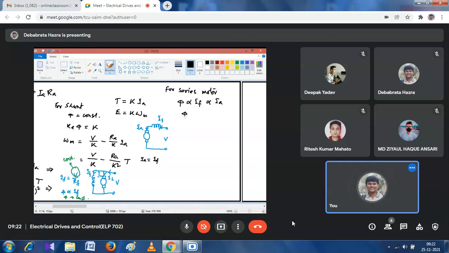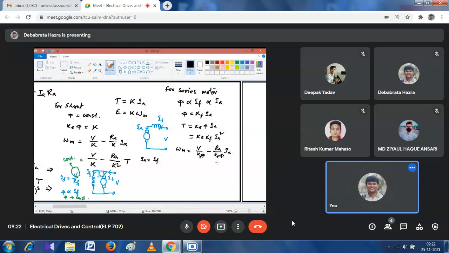So tell me, after that, what is the speed equation for series motor? The normal form is V by KE phi minus RA by KE phi into IA.